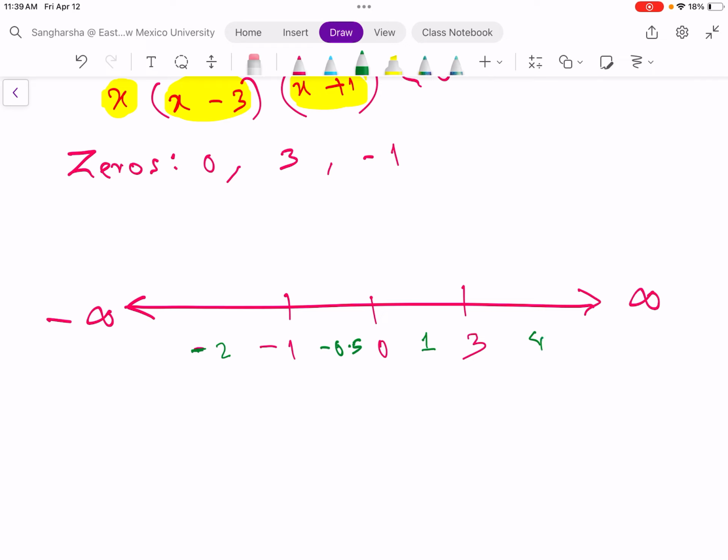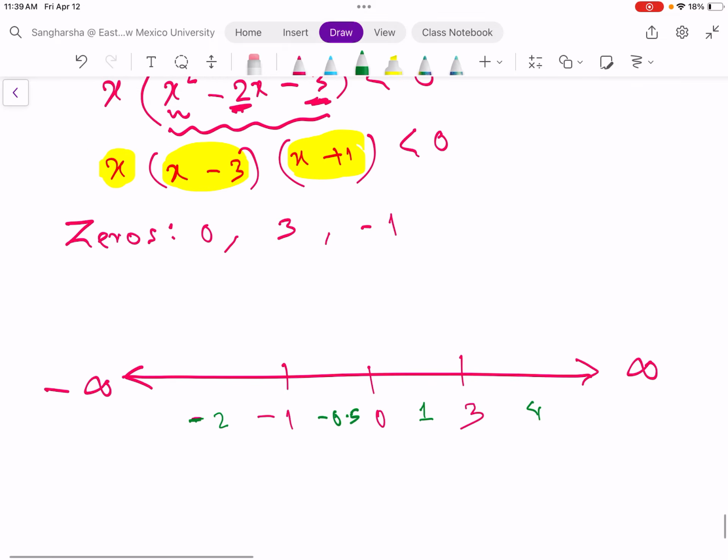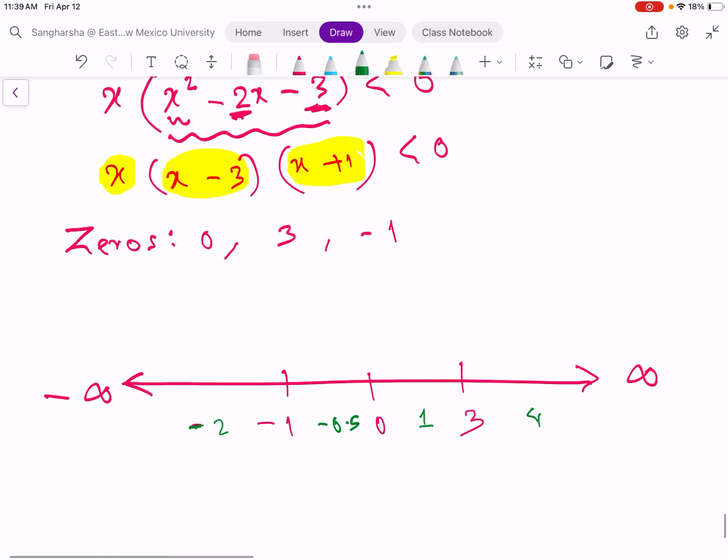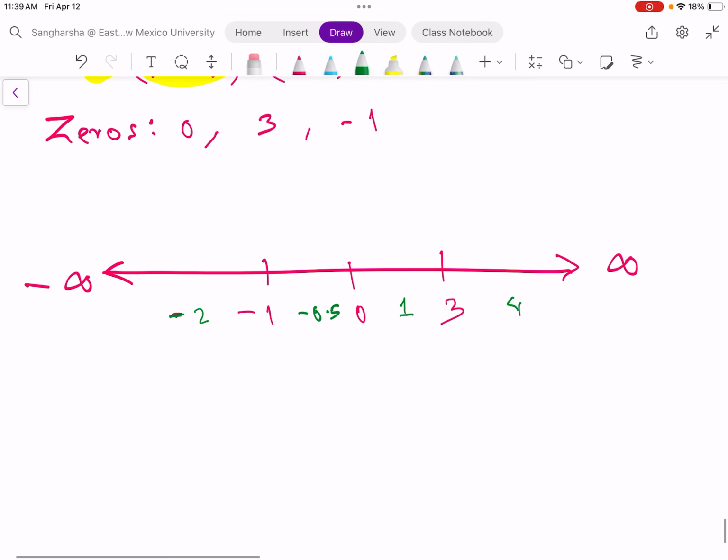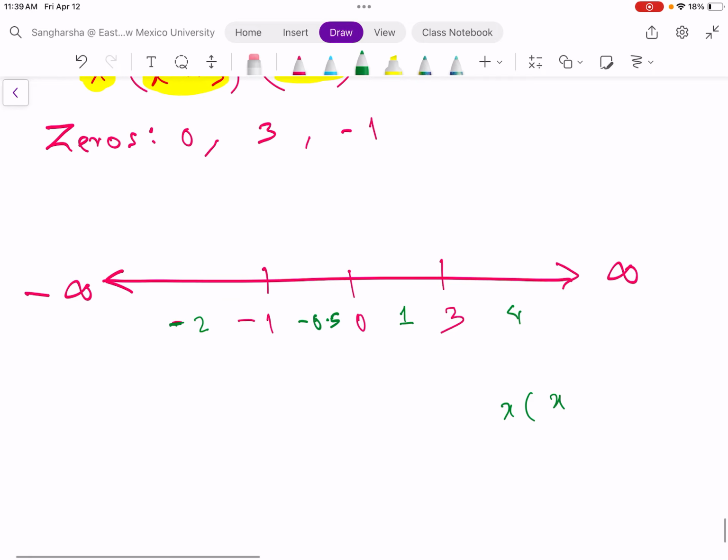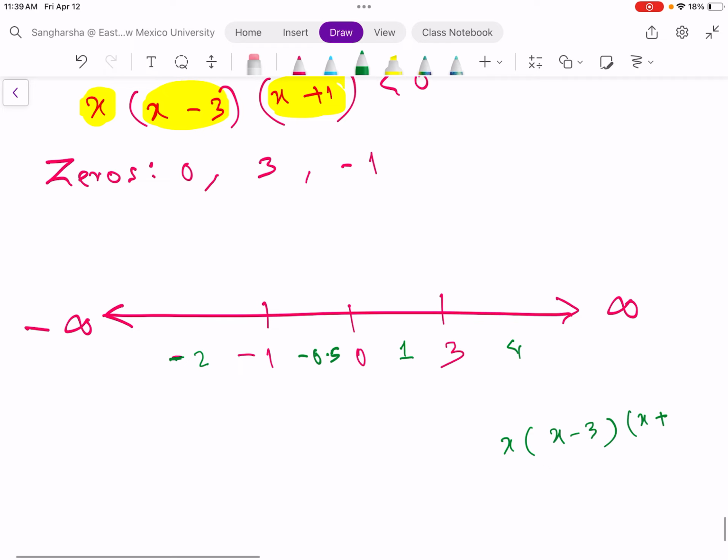Now we check all these numbers, including these zeros, to see whether they are solutions or not. Now what about negative 2? So our inequality is, let me write down here, x times (x minus 3) times (x plus 1) less than 0. So this is the inequality.